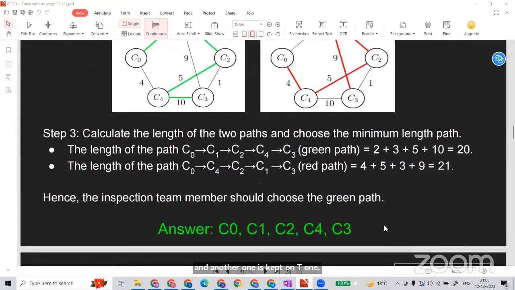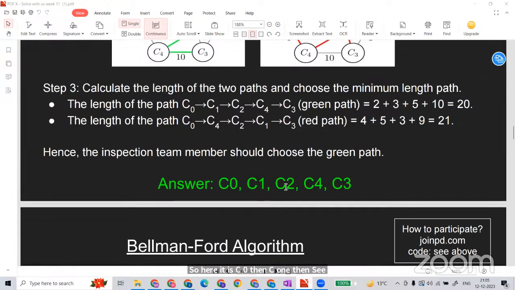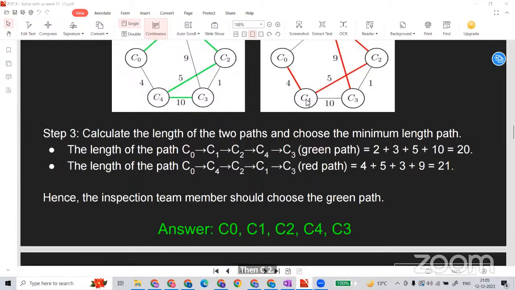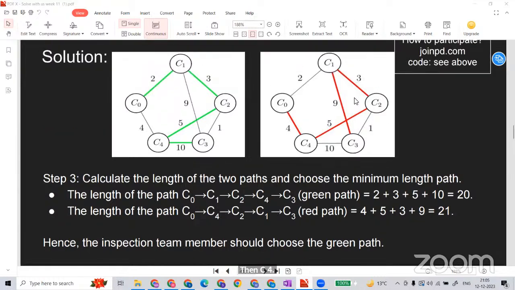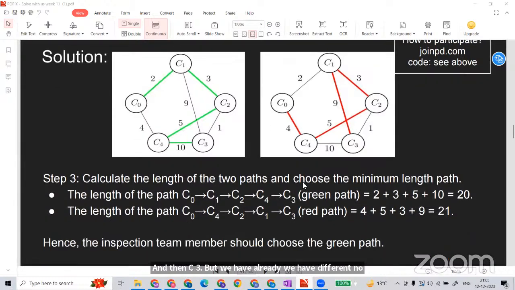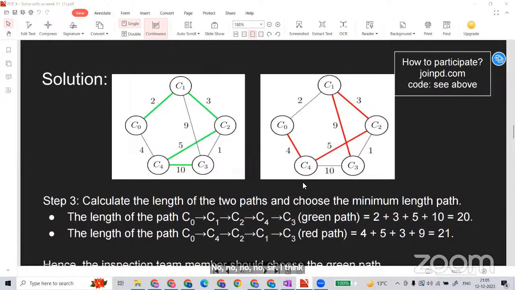So here is C0, then C1, then C2, then C4, and then C3. But we have different, no? C0 to C4, 4. I think there is a wrongness here. No, sir, I think this answer is correct only, sir. We calculated wrong. Yes, sir.